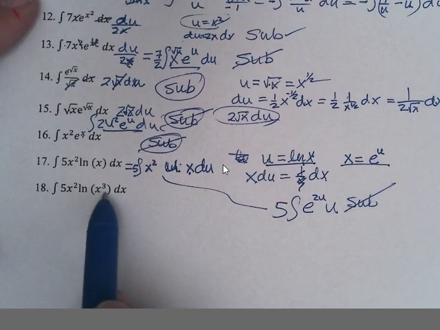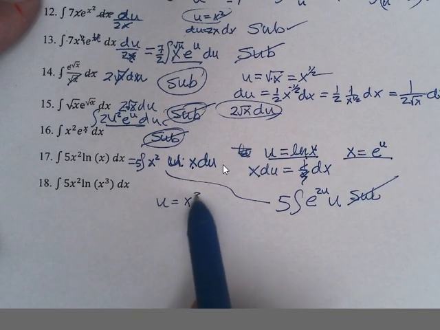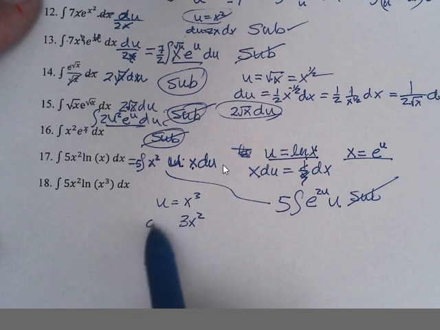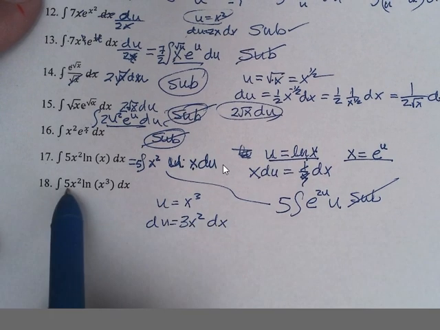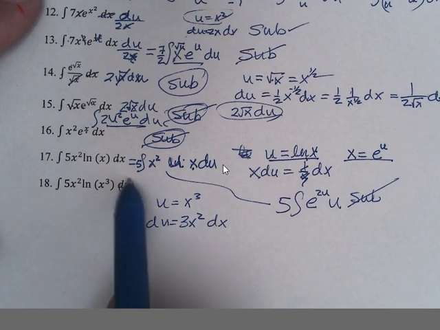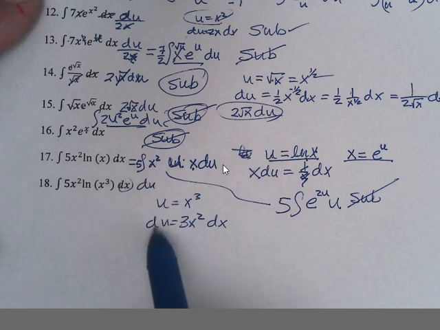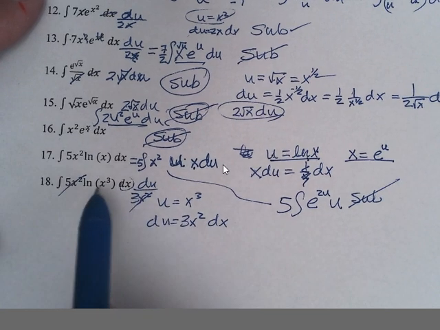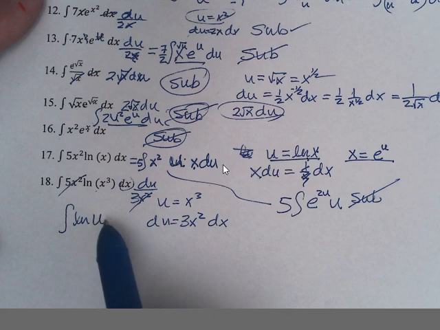And same, well, here you might let u be x to the third. Its derivative is 3x squared. And so we're going to get an x squared in the denominator when we replace dx. Du over 3x squared. The x squareds cancel, and we'd have ln u. But what is the antiderivative of ln u?